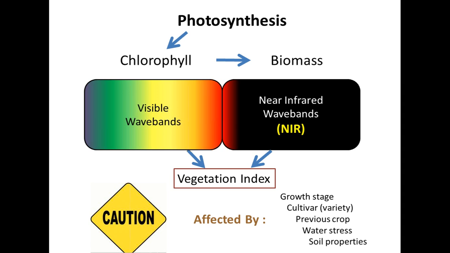The leaves behave differently. They follow the sun or not. There's cultivar differences. The previous crop, whether it's a legume or summer fallow or a crop that has lots of residue like corn after corn, those all make a difference. And then you put on top of that water stress.